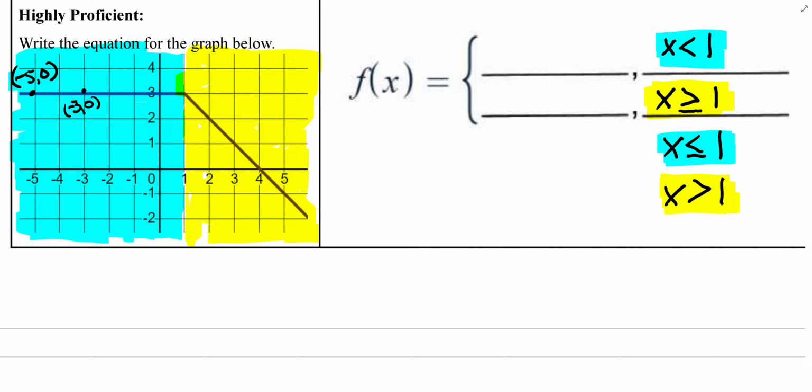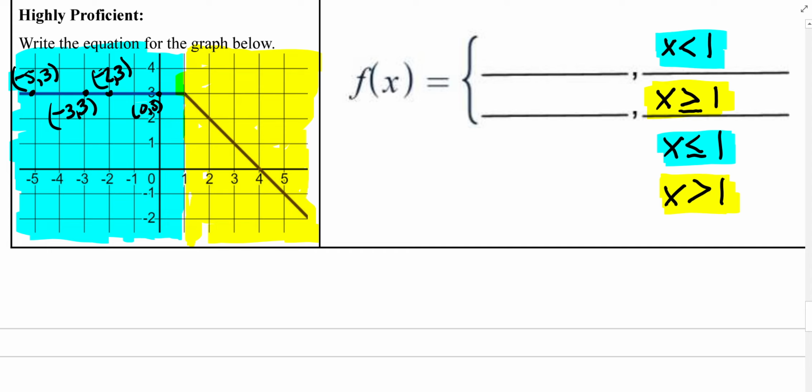None of that's right. Excuse me. It's -5, 3. It's early. I'm sorry. -5, 3. And this is -3, 3. And this is -2, 3. And this is 0, 3. And this right here is 1, 3.